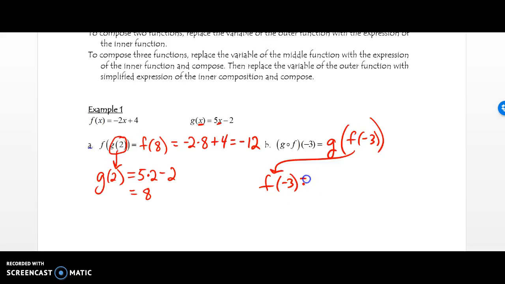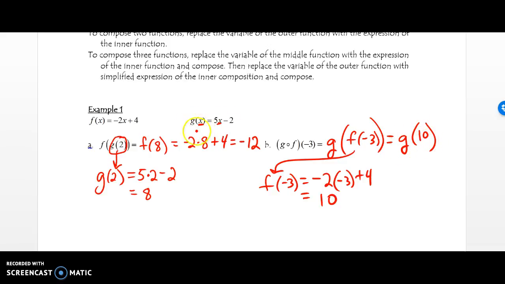first. So f of negative 3, we're going up to our rule for f of x. It says that we take negative 2 times whatever we're replacing x with and adding 4. 6 plus 4, so we get 10. So we're going to take out that f of negative 3 and put its value in, which is 10. So now this simplifies into g of 10, or function g evaluated at 10.